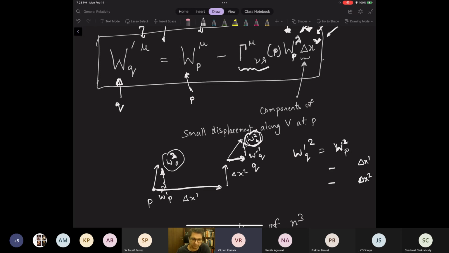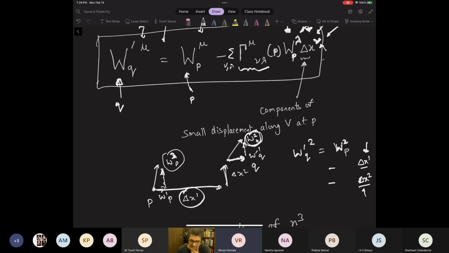It can have some amount of change in either of these directions. That's what I mean by taking different nus, so there's an implicit summation over nu and lambda here. It depends on how much I displace in this direction and how much in this direction, but it's linear in those displacements.